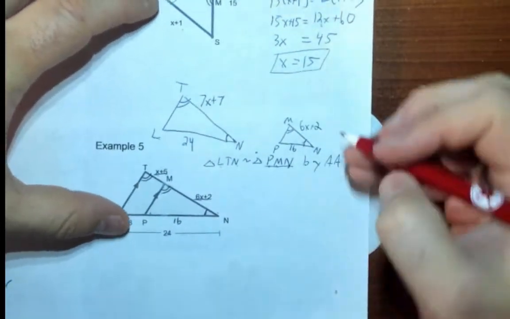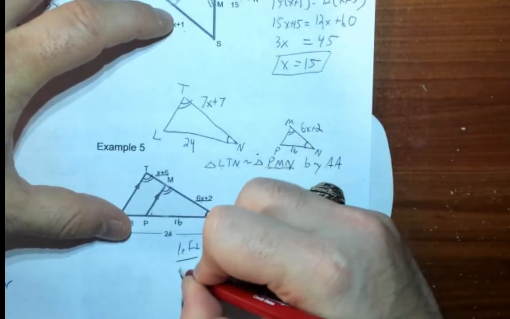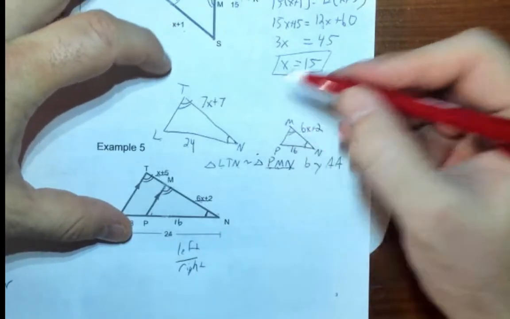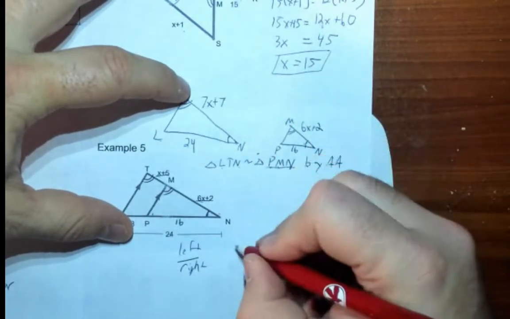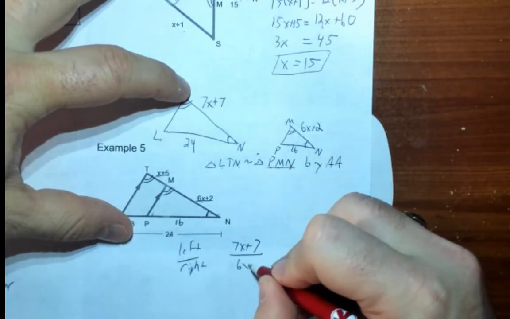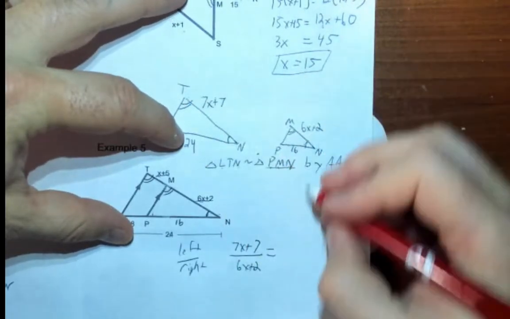All right. So up here, again, we're going to do left triangle divided by right triangle. The left triangle, let's go with the tops first, is 7x plus 7 over 6x plus 2 equals 24 over 16.